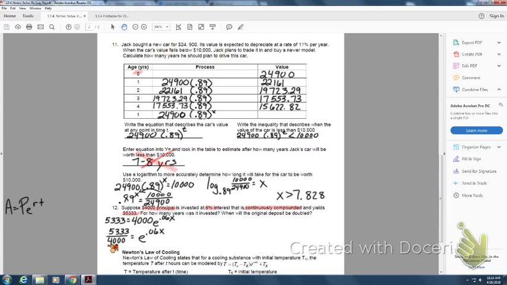Alright. Erica, whenever I fish hook that, what am I going to get? You're going to do log base e of, would you do the fraction?